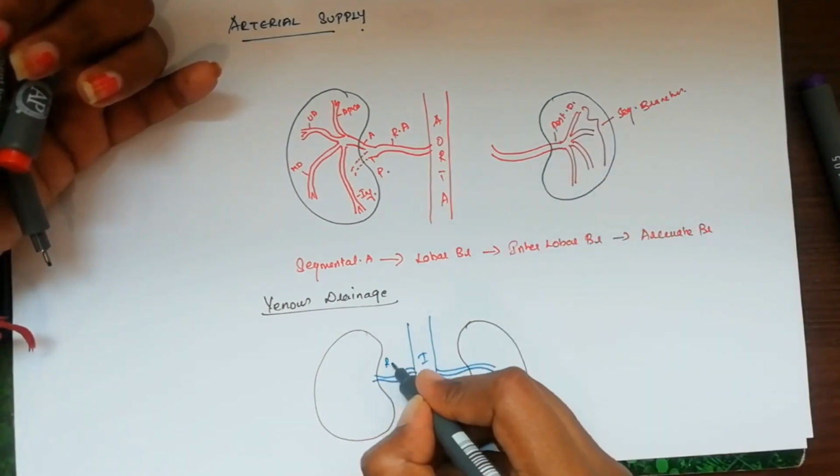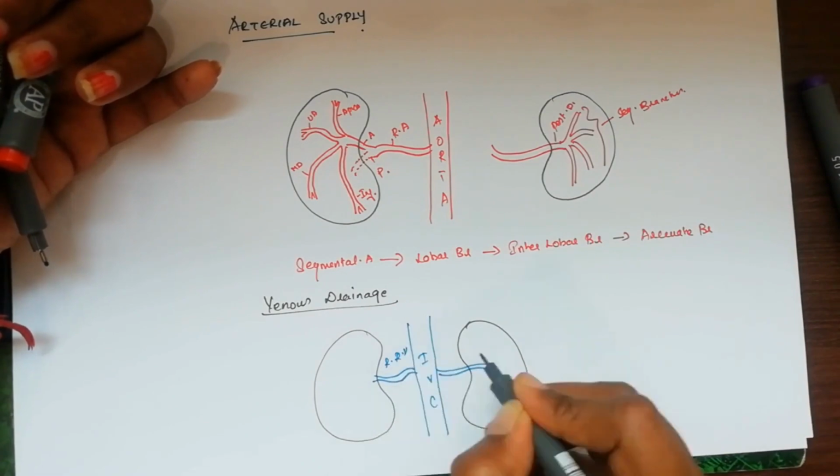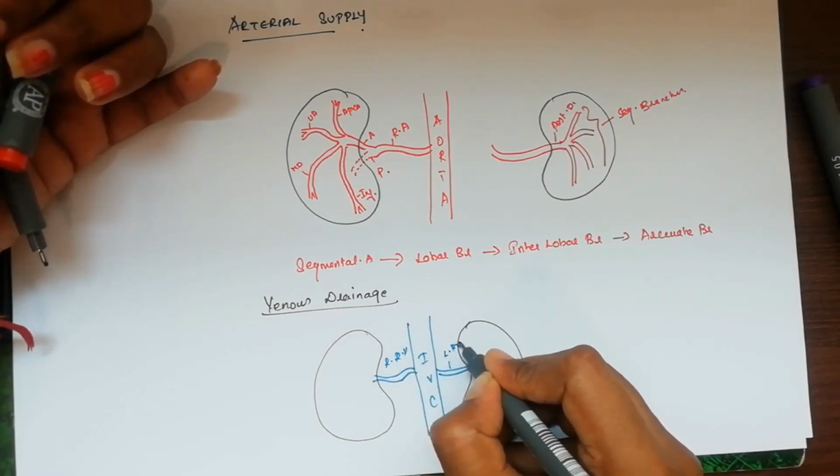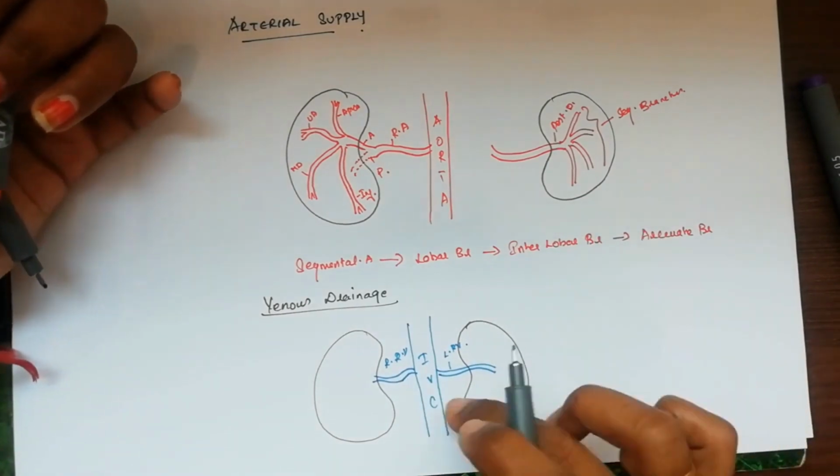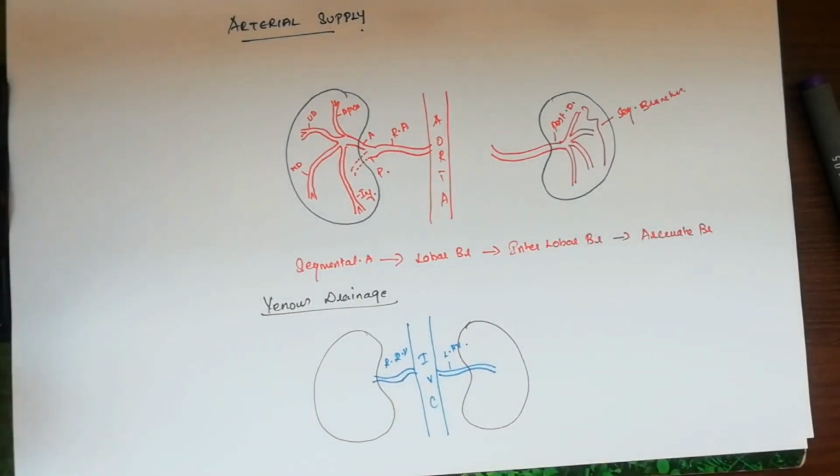So the left renal vein will be larger compared to the right renal vein. Both renal veins come from the hilum of the kidney, from the anterior aspect of the hilum, towards the midline to drain into the inferior vena cava. So this is how venous drainage happens.